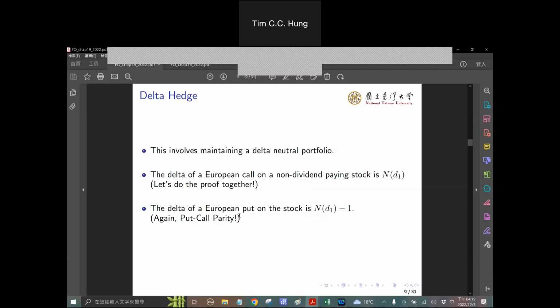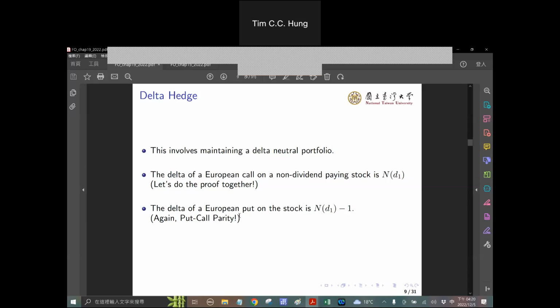So now the last part is, let's deal with this very ugly thing, n prime of d1 and n prime of d2. What is the function for the CDF? It's actually a cumulative function from negative infinity to d1 of 1 over square root 2 pi, exponential to the power of negative x squared over 2. That's the formula for the CDF.